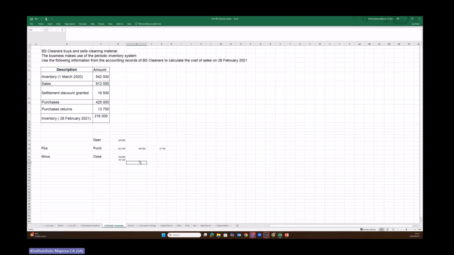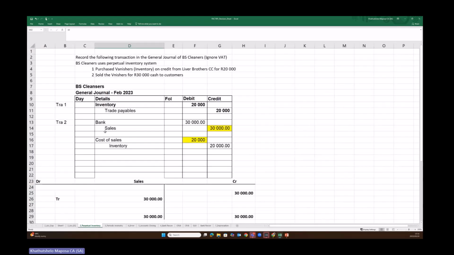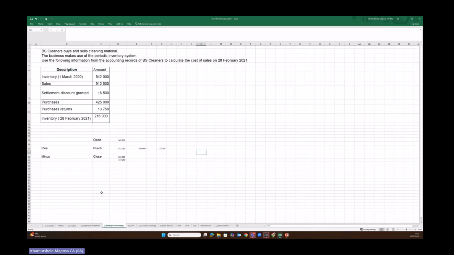It seems like there is none. Okay, and before I move on here, I think it's important for me to emphasize, I know on the perpetual inventory system, we have demonstrated it using the general journal. The very same can be asked here on the periodic inventory system, to say, record these transactions in the general journal.